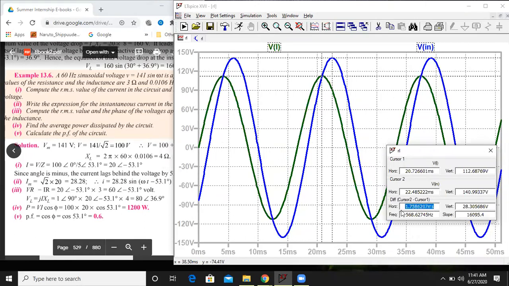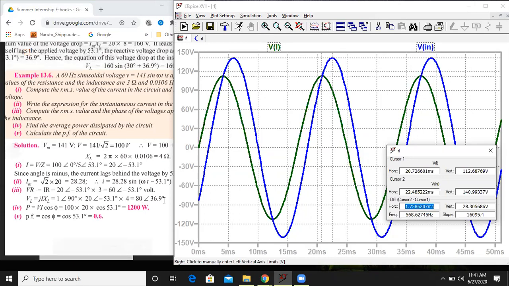This time difference is 1.7586 millisecond, multiplied by 360 divided by 16.67 millisecond. So you'll get a number. I am getting around 37.96, and here it is around 36.9 degrees. So as you can see clearly, the voltage across the inductor leads the source voltage by 37.96 degrees.